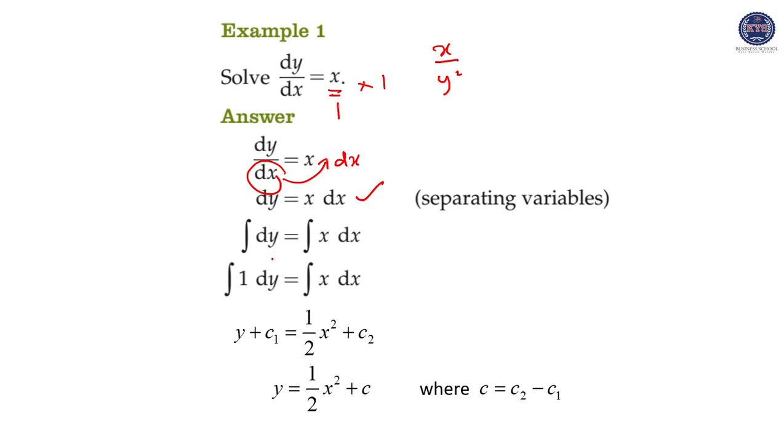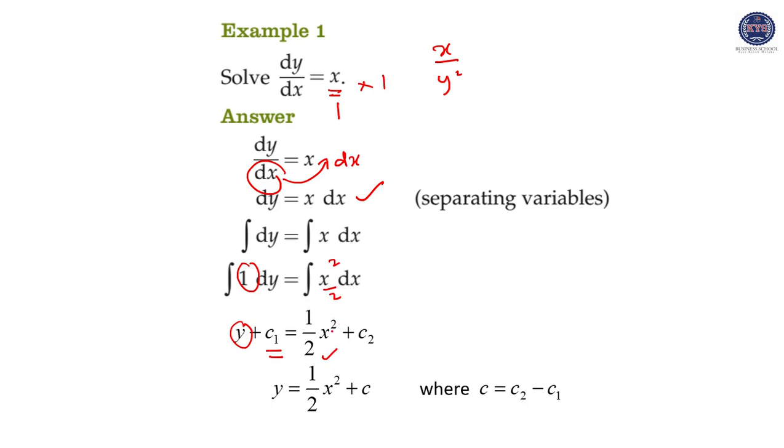Integrate as usual. Even though there is no parameter, variable or constant in front of dy, actually there is already a 1. So therefore integrating 1, you get y, and just put the first constant, and the integral of x is x squared over 2, is it? That is why you get this.